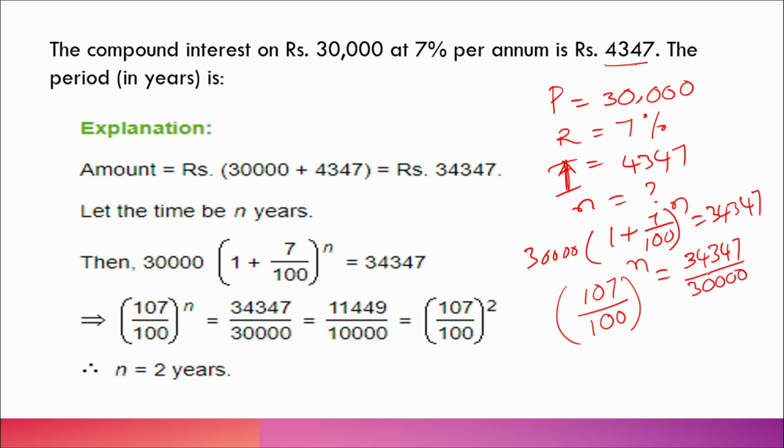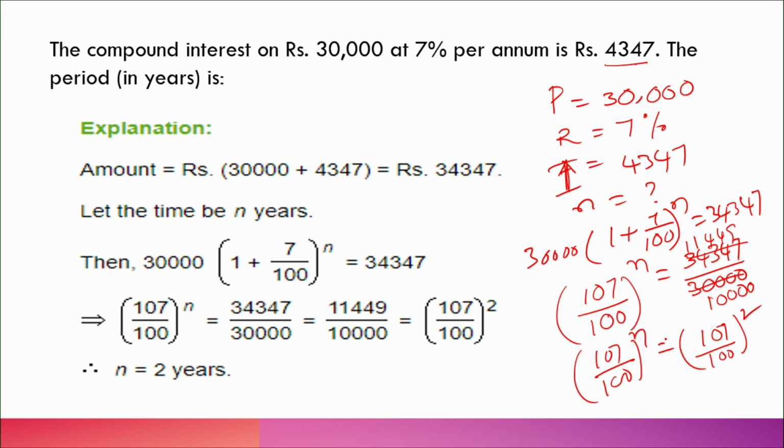After 34 you can divide with 3: 3 ones are 3, 3 fours are 12, 3 nines are 27, this is 11,449 by 10,000. Now you can simplify it: 11,449 is 107 squared and 10,000 is 100 squared. So 107 by 100 whole square is 107 by 100 whole power n.